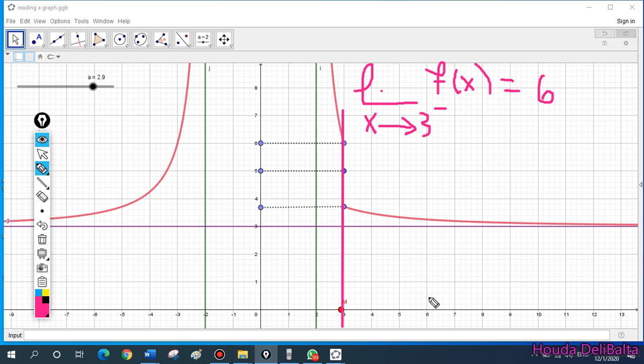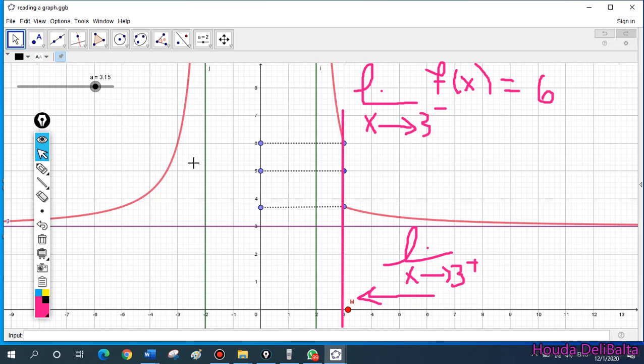Let's see what about as x approaches 3 from the right. So as x goes to 3 plus means as x approaches 3, here is the moving slider. So as we approach 3 from the right, it's like 3.15, 3.05, whatever.